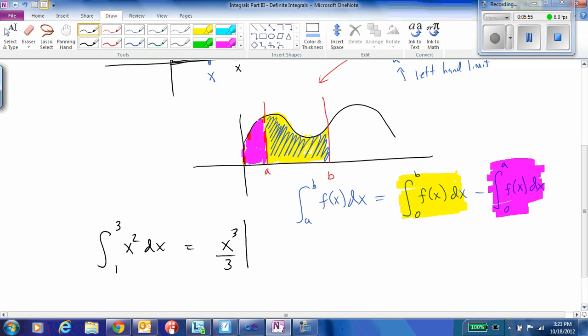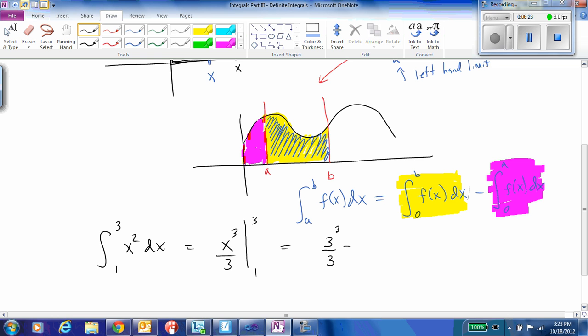What I do is I put a vertical bar here, and I say I'm going to evaluate this thing from 1 to 3. That's that same idea of figuring out what is the value of the integral bounded by those limits. So I first take the top limit and substitute it in. This would be 3 cubed over 3, which would be 27 divided by 3, which would be 9.